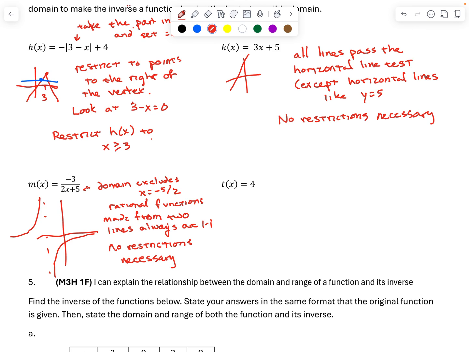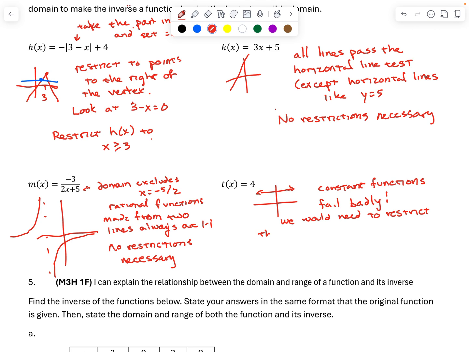Okay, t of x equals 4, constant functions grotesquely fail. So any number will do as a restriction.